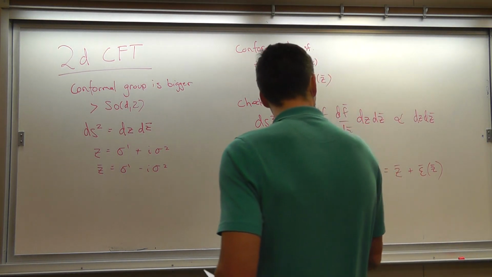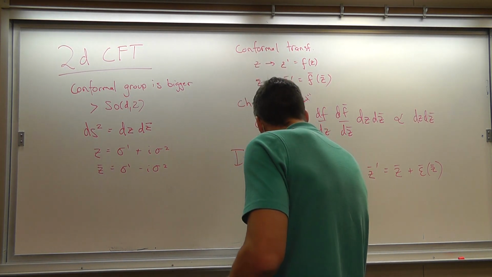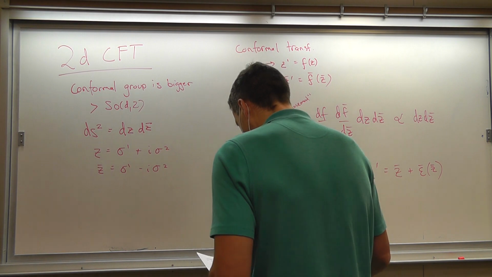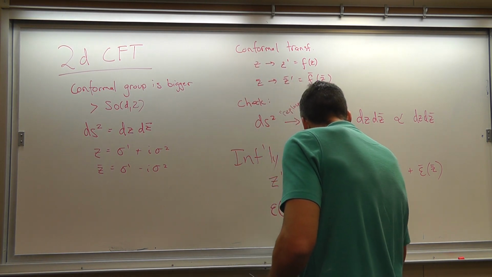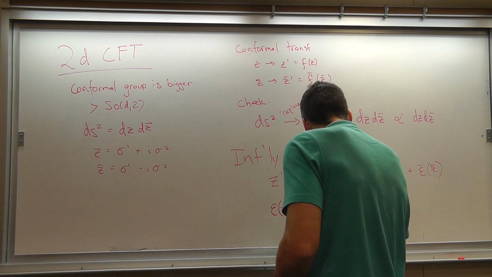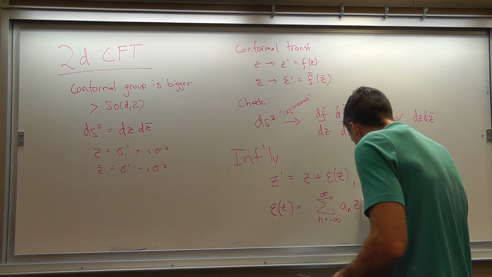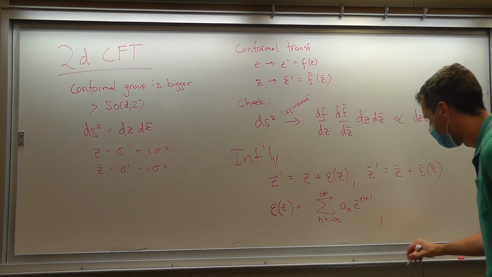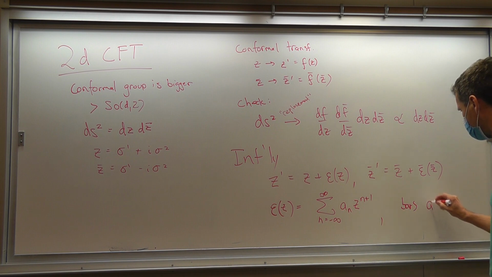If we want to write a basis for these transformations, we can just write a Laurent expansion. Epsilon of z is the sum over n from minus infinity to infinity of a_n z to the n plus 1, and similarly with bars. So there's a bar n.